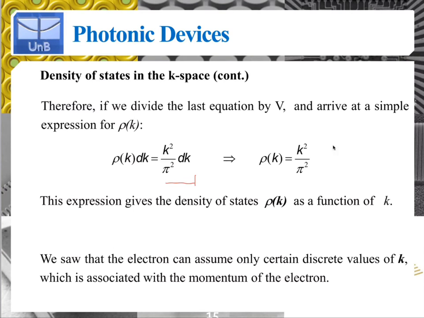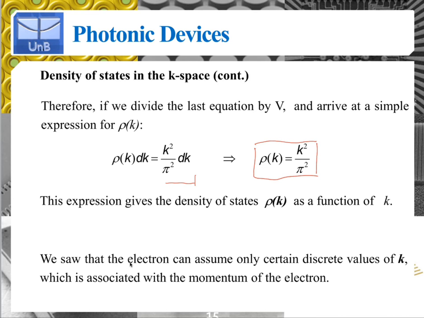So if we divide by V, we arrive at the simple expression for rho of k dk. And by comparison, since both sides are multiplied by dk, the density of states as a function of k, rho of k, is simply k squared divided by pi squared, which is even simpler, as you can see. So this expression gives the density of states as a function of k. This is what we sought out from the beginning.